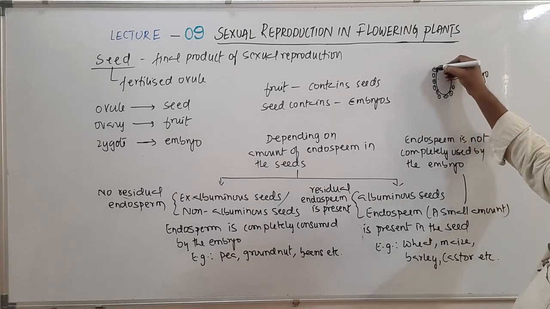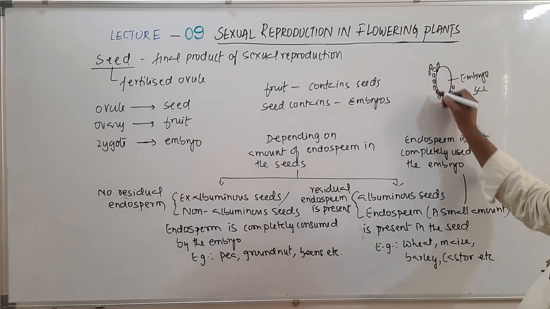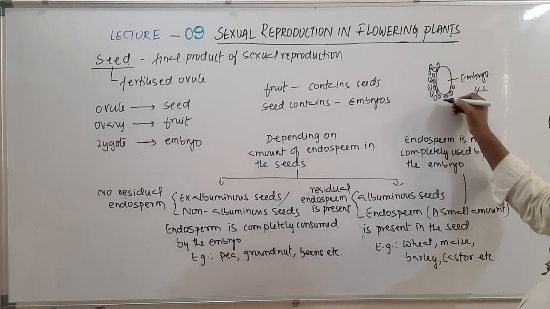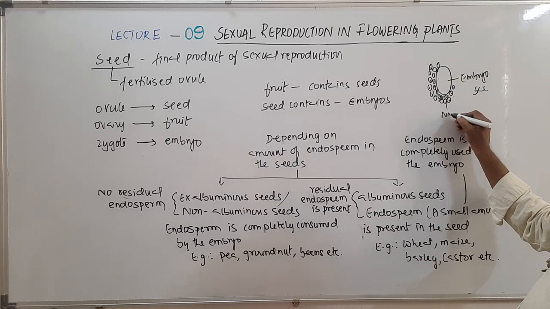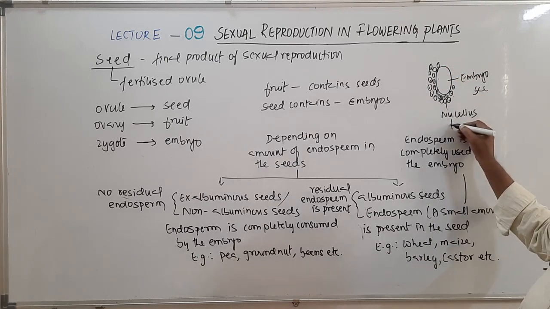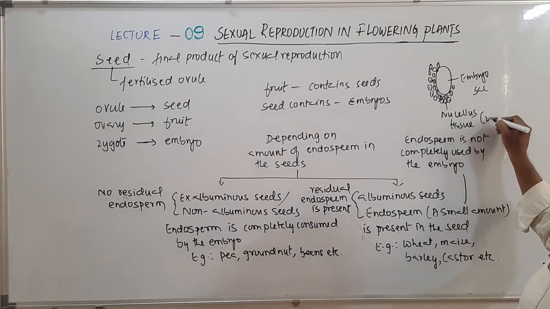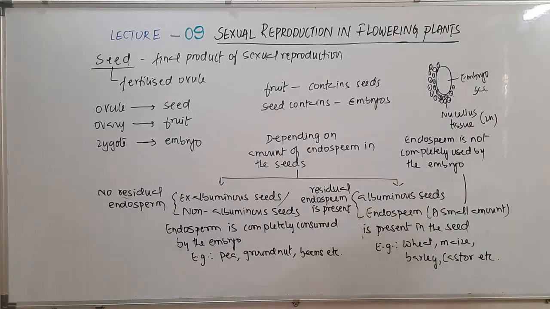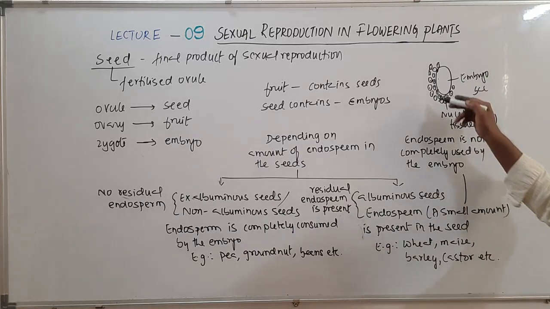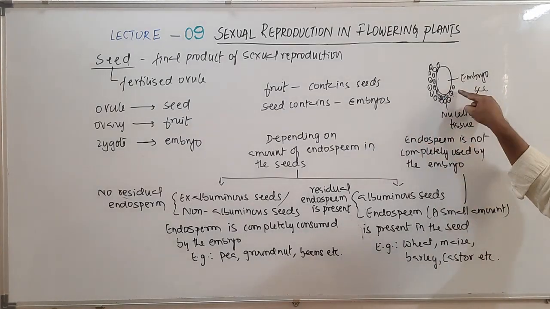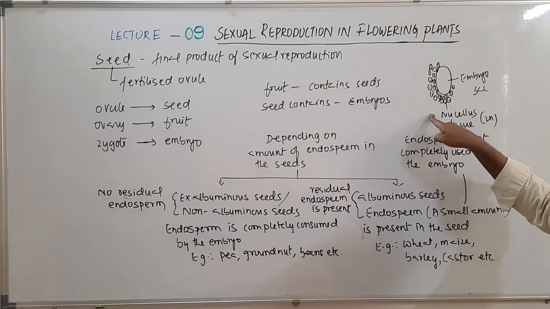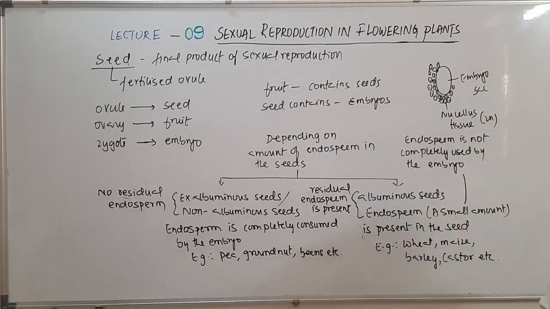I'm not drawing it completely here, I'm just recalling. This nucellus tissue is diploid and surrounds the embryo sac. And after fertilization, usually by the time the ovule transforms into a seed, this nucellus completely degenerates.